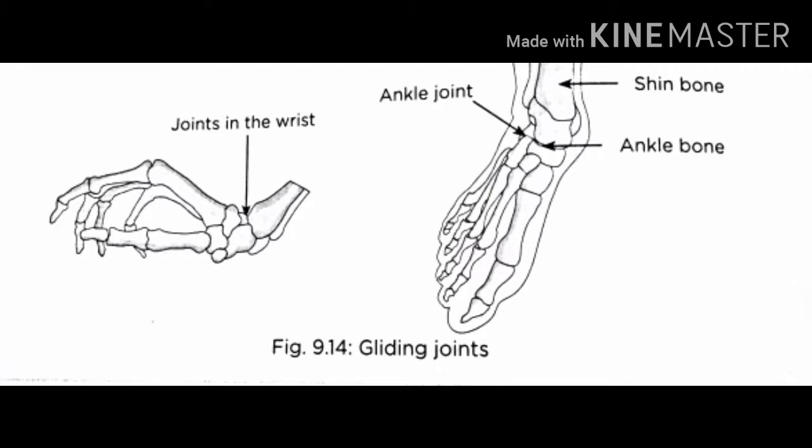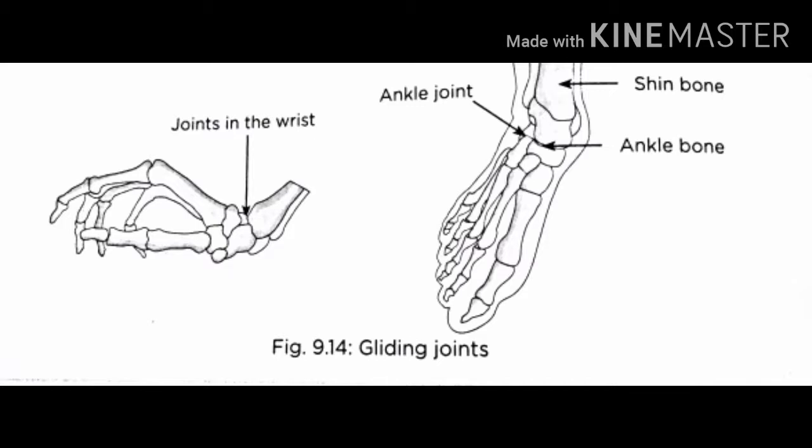Now just move your ankle. That one also gives movement backward and forward and then side to side. So the ankle also has a gliding joint. This gliding joint is found in the bones of the wrist and ankle.